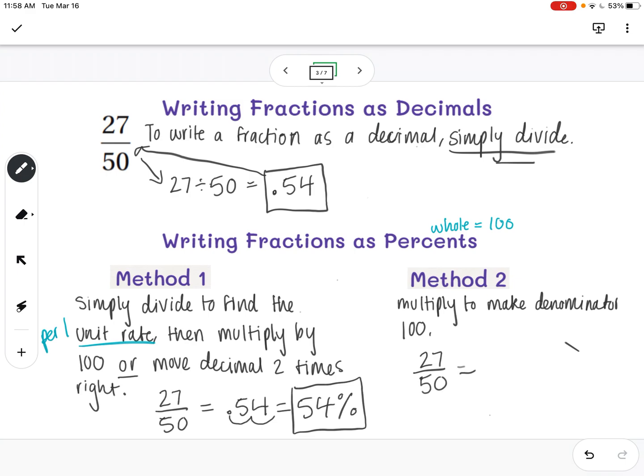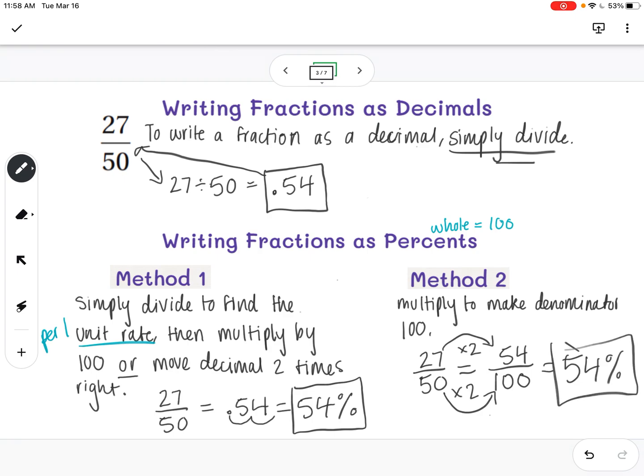But in this case, we know that in order to get to 100, it's pretty straightforward. We just have to multiply by 2. Same thing up top, therefore giving us 54 out of 100, which is equal to 54%. All right. Make sure you have all of this written down with words and examples, and let's continue moving on.